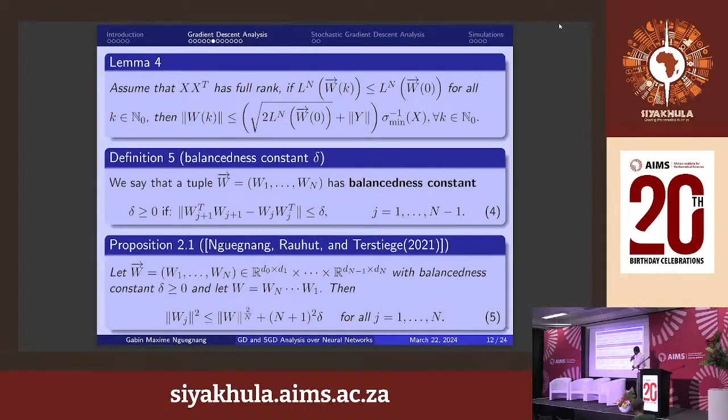With this, we also introduce a concept similar to Arora's, with the difference that we use the spectral norm and not the Frobenius norm. We also call it the balanced constant. It means that if you have a tuple of n matrices, they have balanced constant delta if they satisfy this relation in equation 4. With this balanced constant, we are able to provide this proposition that guarantees that if a tuple of matrices satisfies this delta balance condition, then you can bound each component of this n-tuple of matrices.